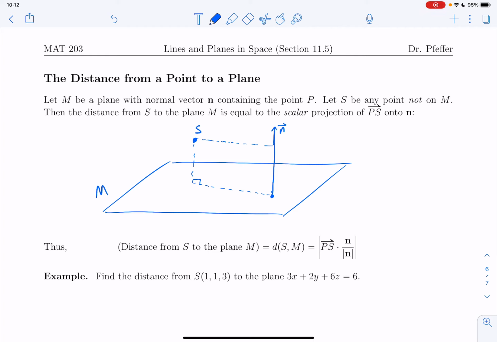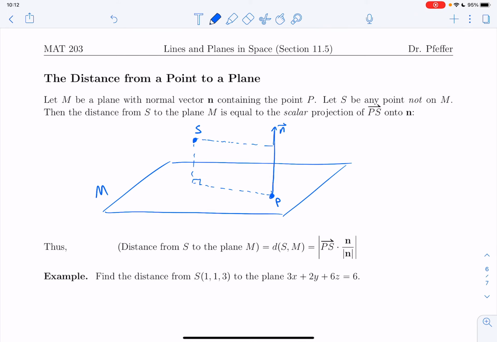And we're going to suppose that we move the normal vector in such a way that it coincides here with our defining point P. And so if my plane is defined by P and a normal vector n, and I take a point S anywhere else, and I want to know its distance to M, I relate it to where the normal vector is.